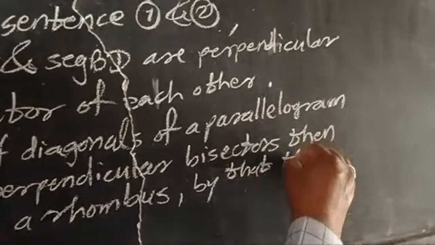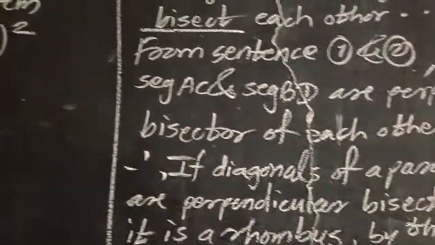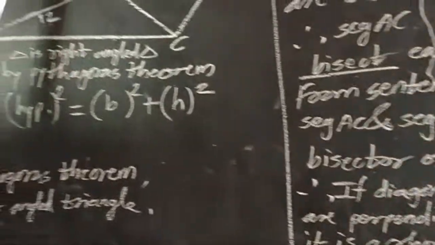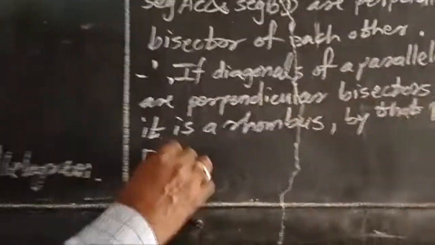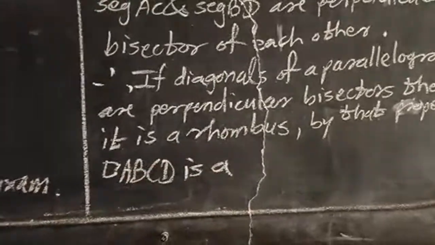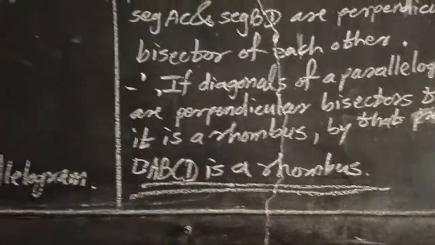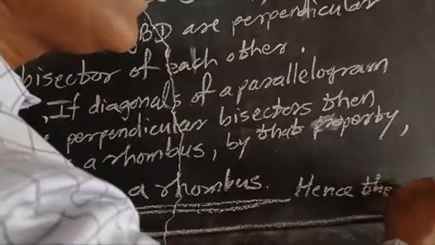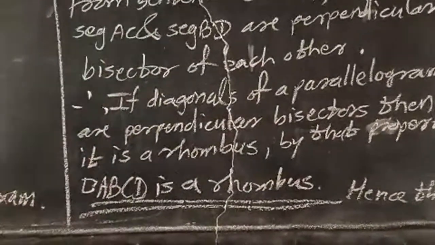By that theorem, we can say that quadrilateral ABCD is a rhombus, and that is what the question asked. Show that quadrilateral ABCD is a rhombus. Hence the proof. This is the method of solution. Is there any difficulty? Write it down.